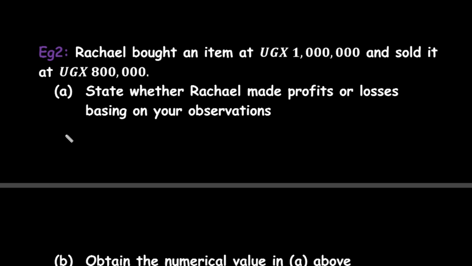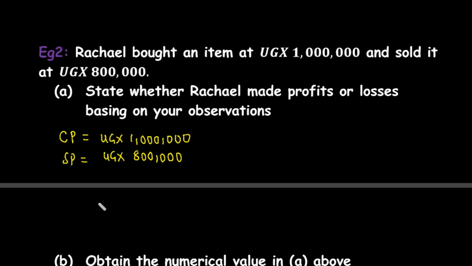Let us write the cost price. The cost price is what? 1 million Ugandan shillings. How about the selling price? The selling price is 800,000 Ugandan shillings. Now what do we see?